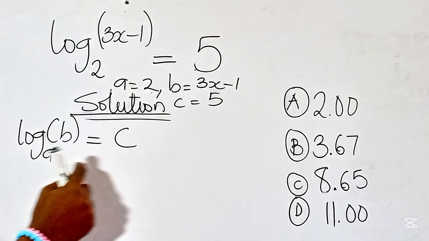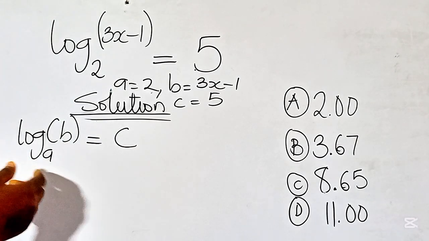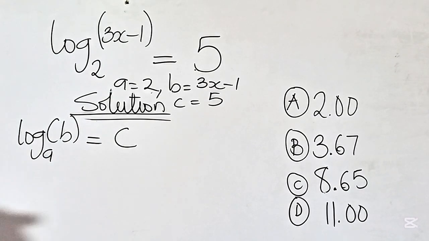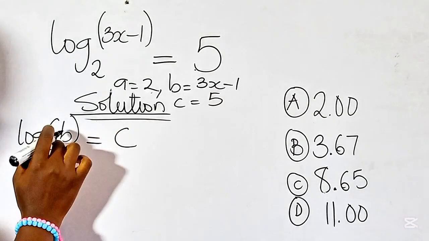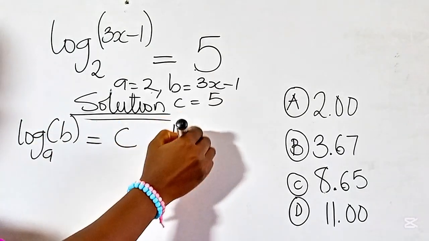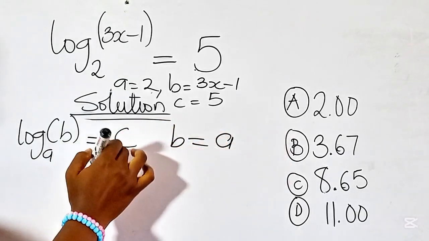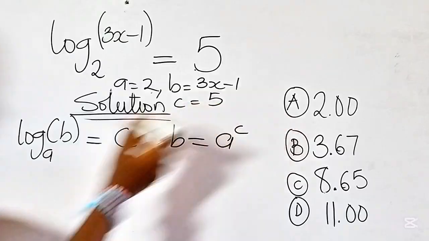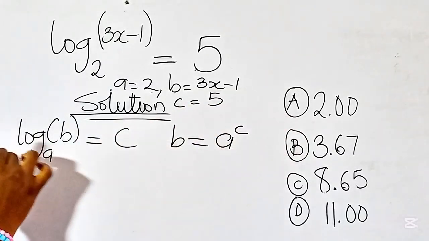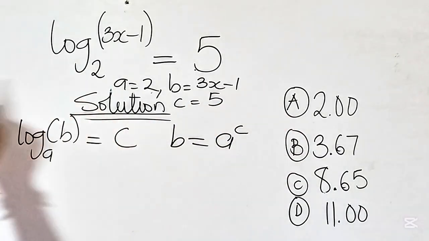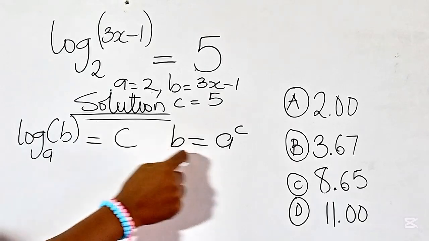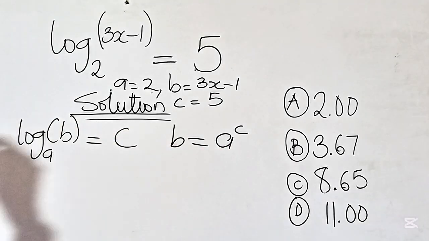So this logarithmic equation can also be written in its exponential form: b is equal to the base a to the power of c. So this is the exponential form. Now, if we want to rewrite this in its exponent form, we are going to have b as 3x minus 1, right?